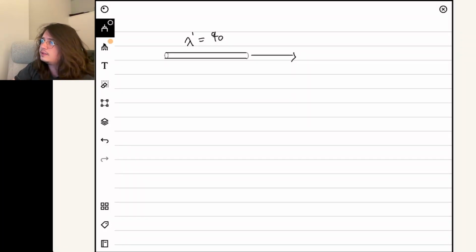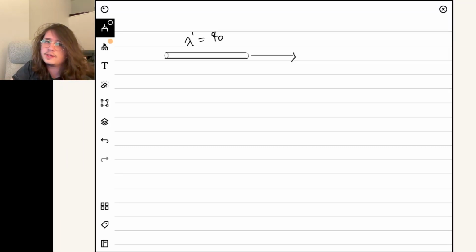We have a wire that is infinitesimally thin and infinitely long, and it happens to be moving in the z direction with a speed v.